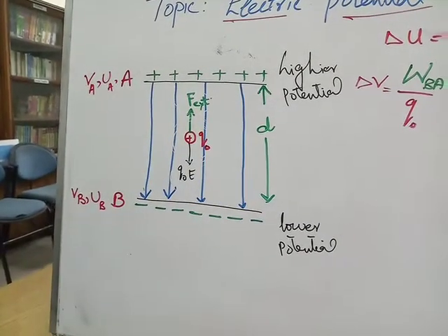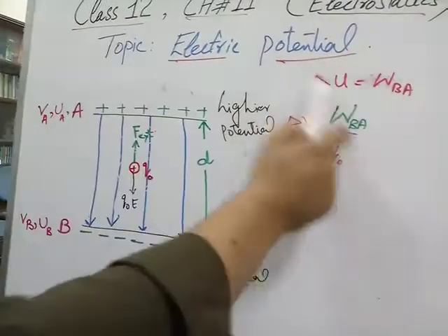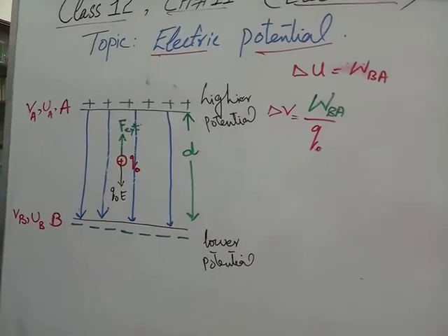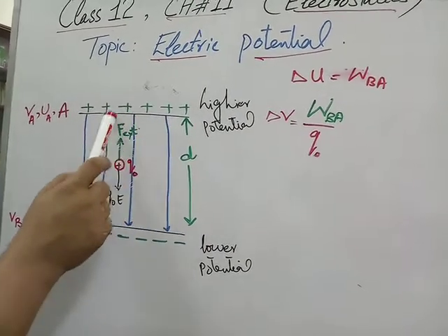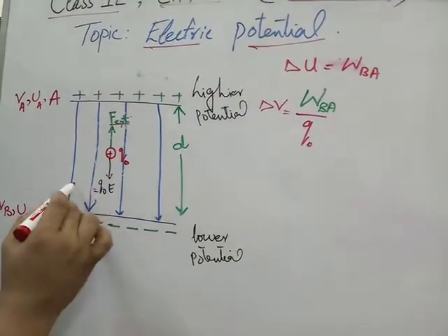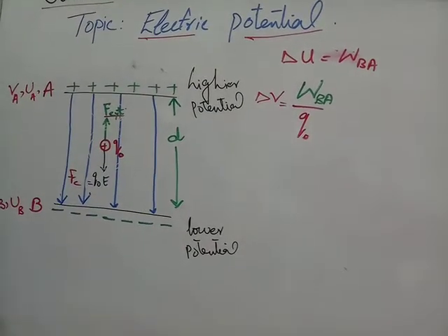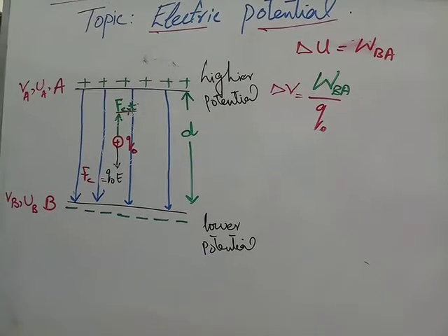So due to the change in position, the work will be stored in the form of potential energy. The only work done is if we apply an external force, and this force is equal to the electric force Fe, or Coulombic force. But these two forces are opposite in nature.